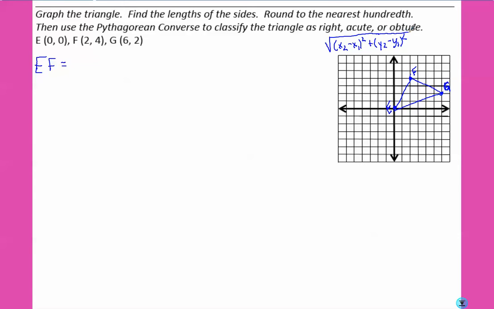So it just means how much we go in the x direction, how much we go in the y direction. So it's going to be the square root. How much do we go in the x direction from E to F? Well, we go over 2, so 2 squared, plus in the y direction we go up 4. 2 squared plus 4 squared.